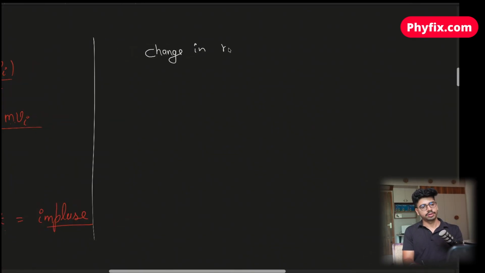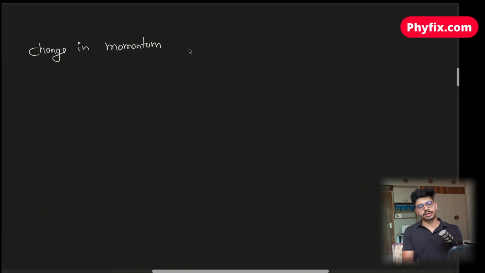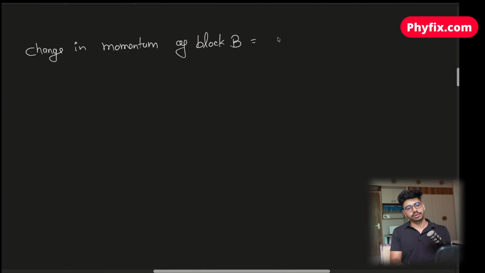Change in momentum of block B is equal to, I'm going to put the integration sign because the force is changing as time is passing. So this is delta T, and this is the impulse. I'm going to equate both of them.